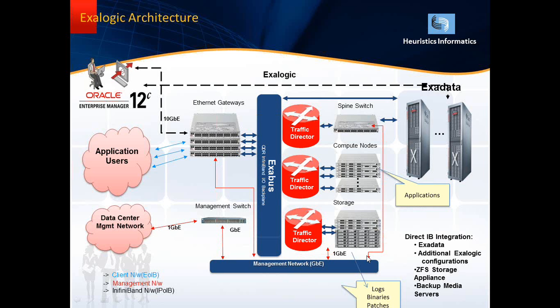It is integrated with each and every component within the Elastic Cloud. The speed of this management network is 1 Gbps. The ILOM runs on this management network, and we also use it for other administrative tasks.